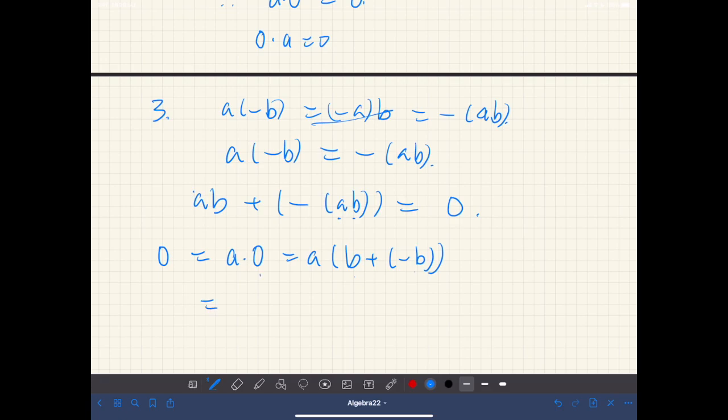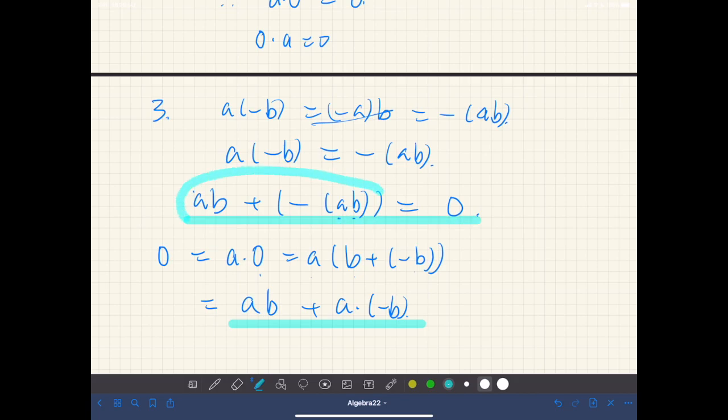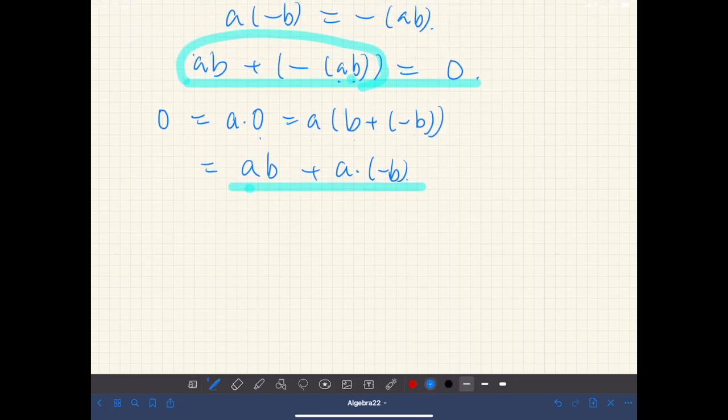And now use distributive law. We have ab plus a times negative b. Okay. So we have two things that are equal to 0. One, this one, and the other one is this one. So that means this AB plus minus AB is equal to AB plus A times minus B. So let's write it down, and therefore AB plus A times negative B is equal to AB plus negative AB.